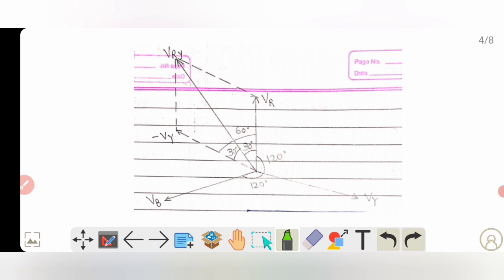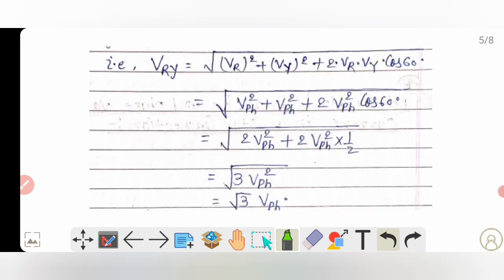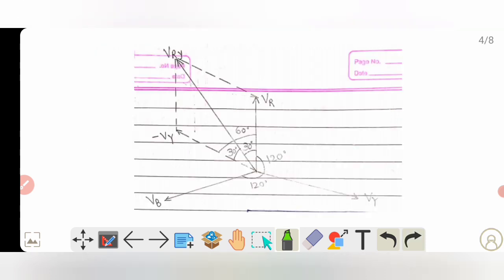If we apply the parallelogram rule, then we can write VRY is equal to root under VR square plus VY square plus 2 VR VY cos 60 degrees, because the angle between VR and VY is 60 degrees.